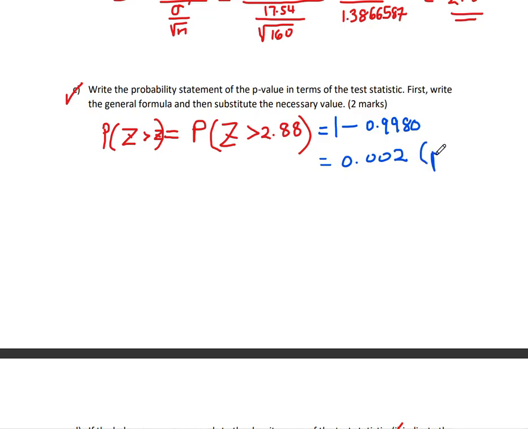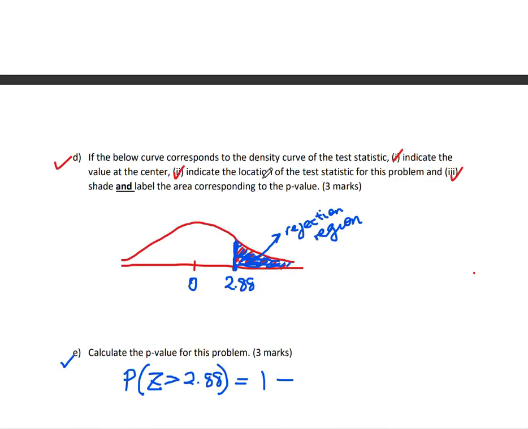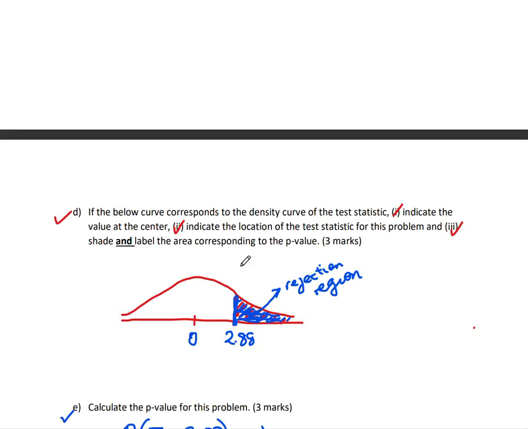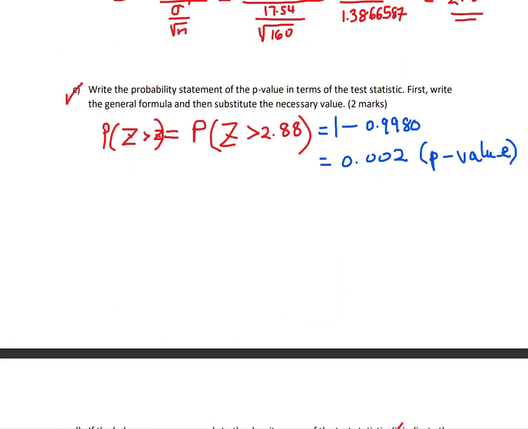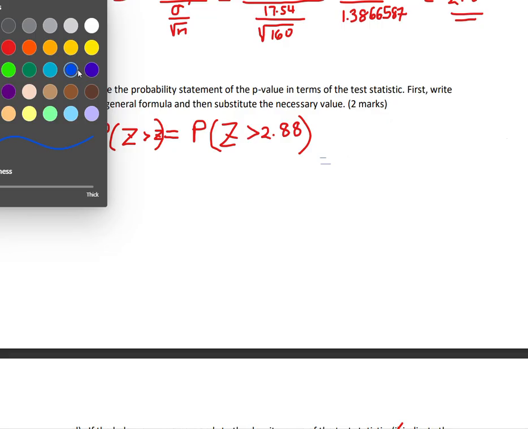This is our p-value, or in other words, our probability value for the test. So let's insert it right here correctly, since we're actually asked to insert it.